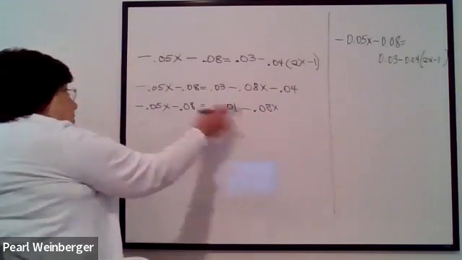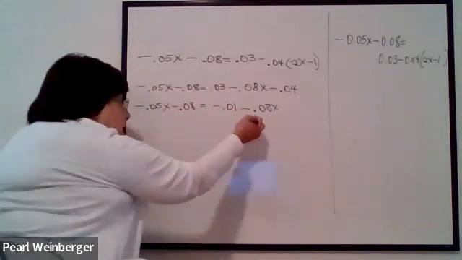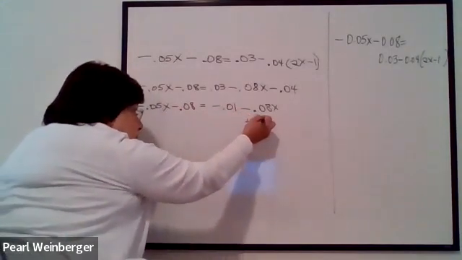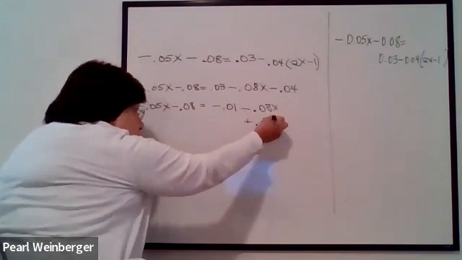Okay, so I want to get the x's to the one side. So I'm going to add 0.08x to both sides.